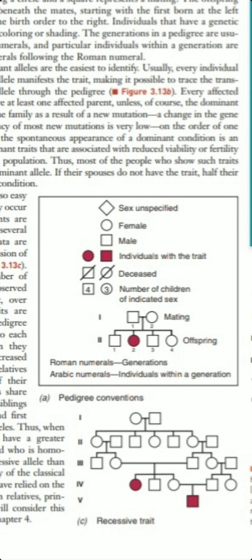Okay, the Roman numerals show the generations, and the Arabic numerals 1, 2, 3 show individuals within a generation, and this is a pedigree of a recessive trait.